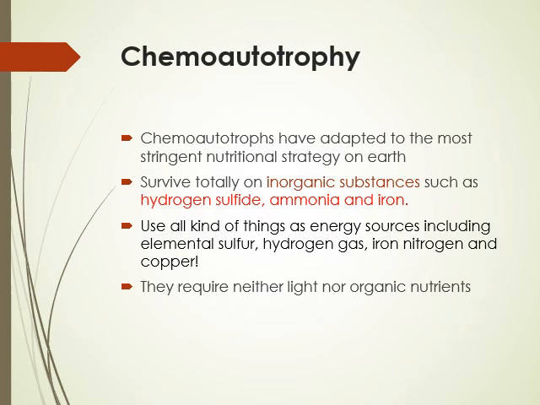Okay, the other group is chemoautotroph. So we have two terms here, which are chemo and auto. Chemo, they need chemicals, but auto, they don't need other organisms. So what are the examples of chemicals or substances that do not come from organisms?